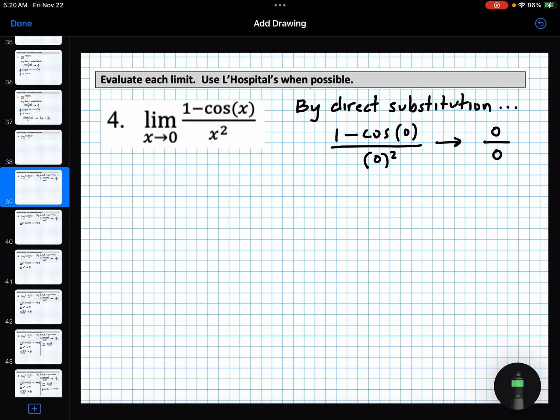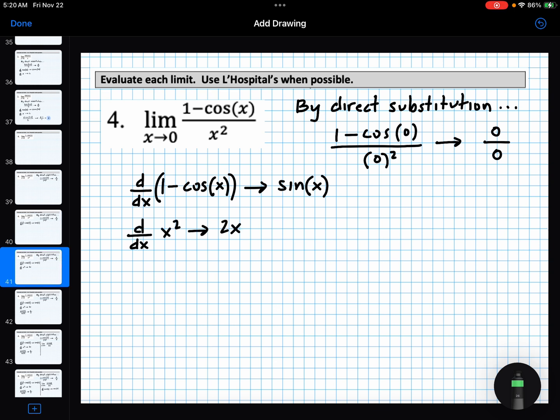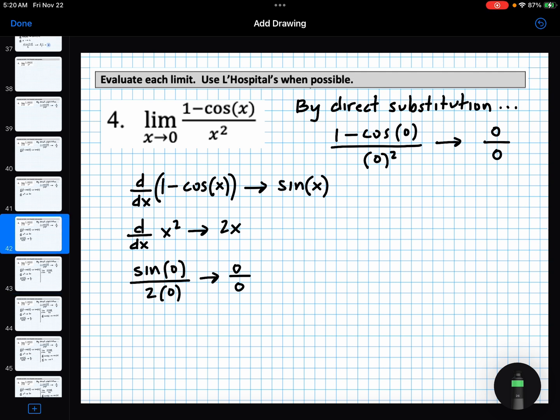I'm going to ask you to pay special attention to this one because we're going to have to do L'Hopital's rule more than once. All right, so if I do the derivative of the numerator, I get sine of x. Derivative of the denominator gives me 2x. I write my fraction with derivative over derivative, and I substitute the x value I'm approaching, in this case 0, into there. And I get 0 over 0 again.